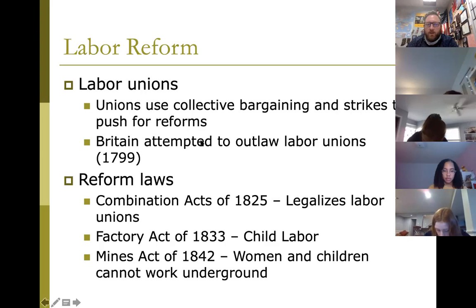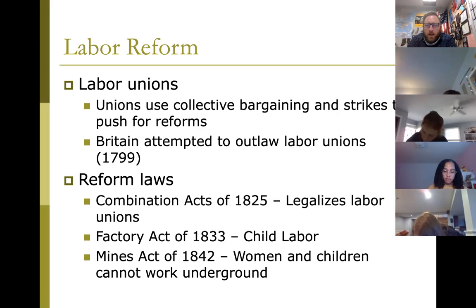In Britain in 1799, they outlawed labor unions. And this was similar in Germany and the United States also, because they didn't want workers to unite. And then as communism became more of a threat, you start to see the labor unions permissible.